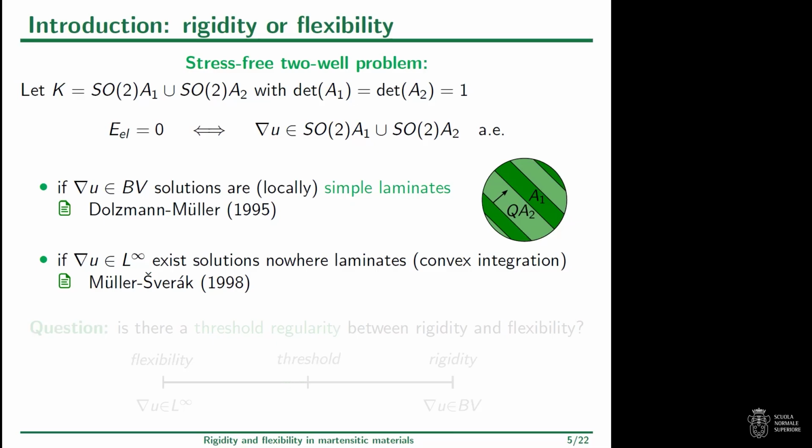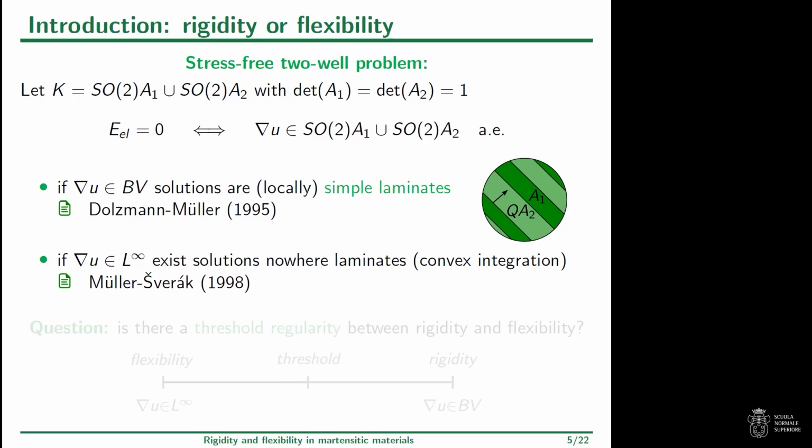They are obtained via a very complicated algorithm, convex integration, that says that you have to develop a lot of oscillations in very different directions, and you can prove that they are nowhere laminates. So this means that you have simple laminates as solutions, but also a big other class of solutions. This is what we refer to as flexibility. So you have different classes of solutions.